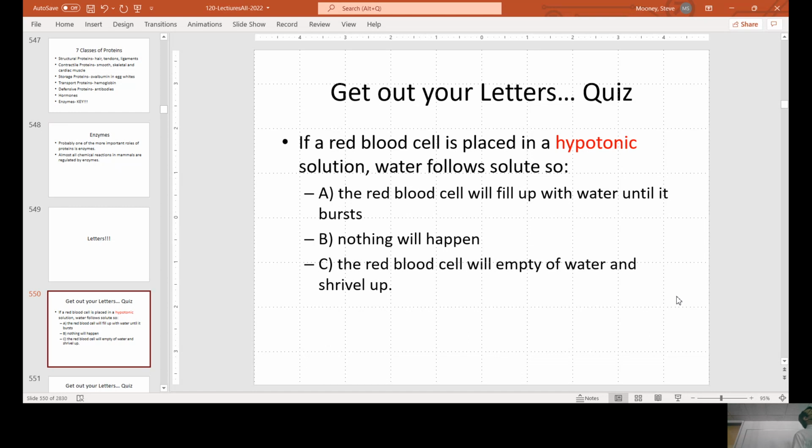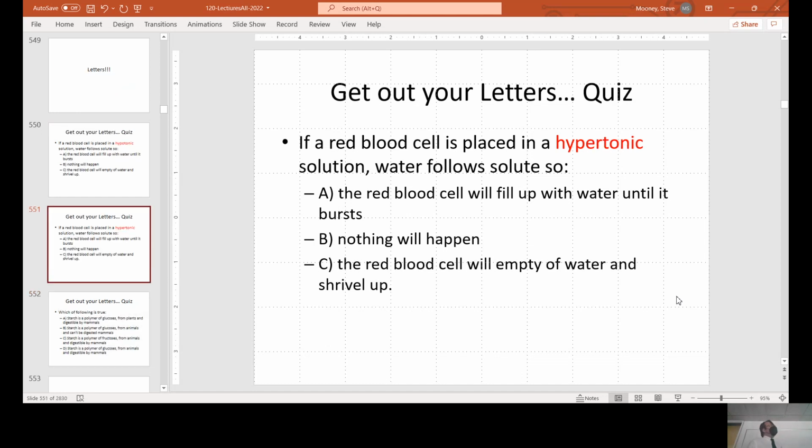In the cell. Where's the high water concentration? Outside the cell. Can the solute move? No. Generally, no. We're simplifying. Can the water? Water will move from its high to a low. That gives us answer A. It's going to move down its concentration gradient from outside to inside.